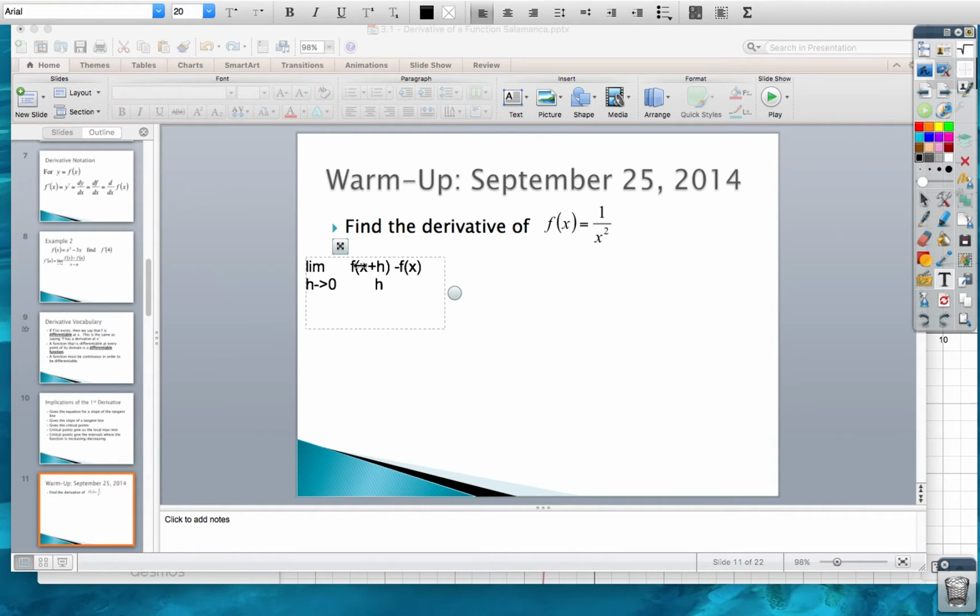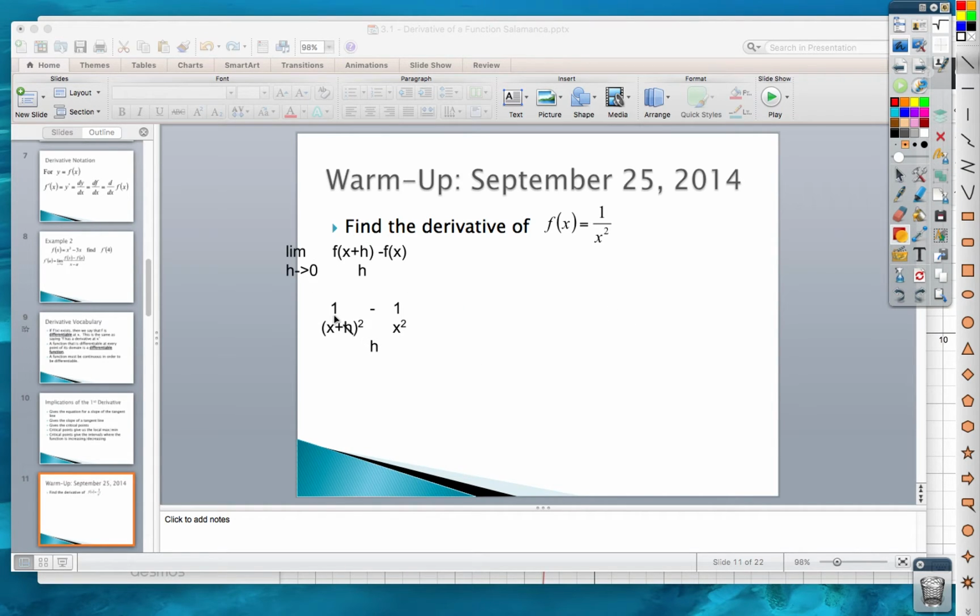We're going to get 1 divided by quantity x plus h squared, minus 1 divided by x squared, all divided by h. So this is what your formula should look like.